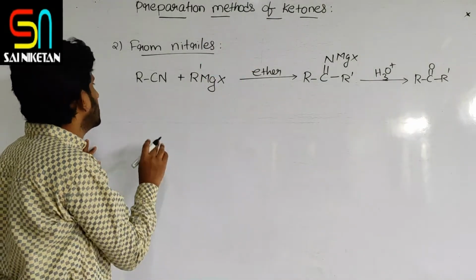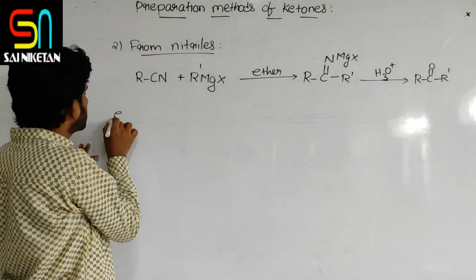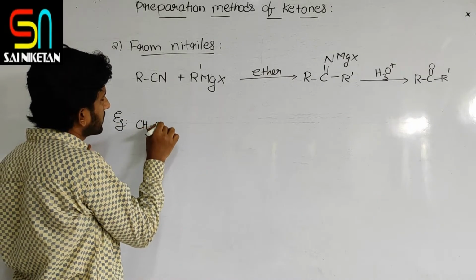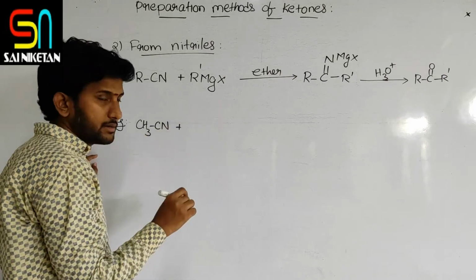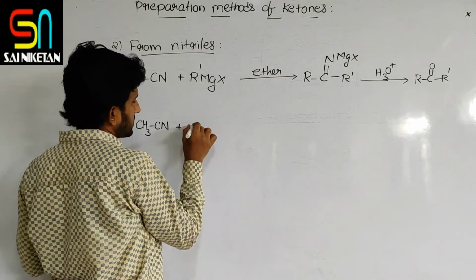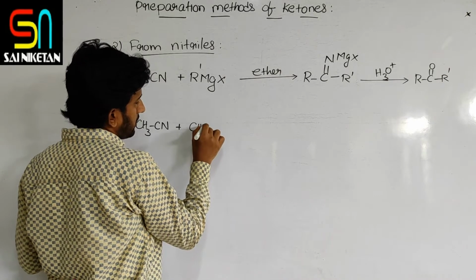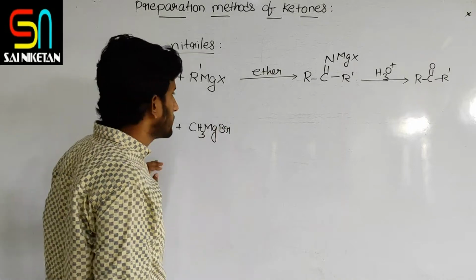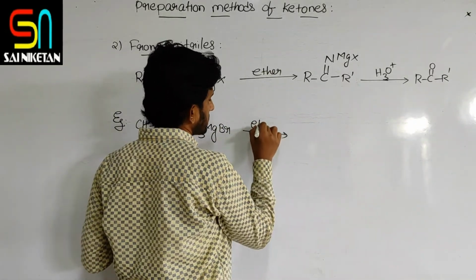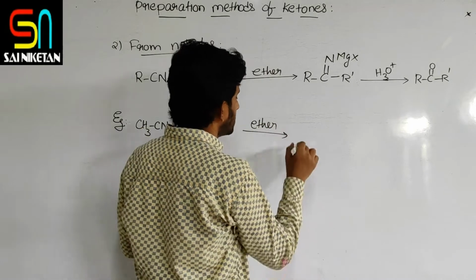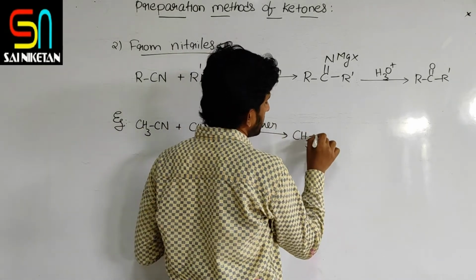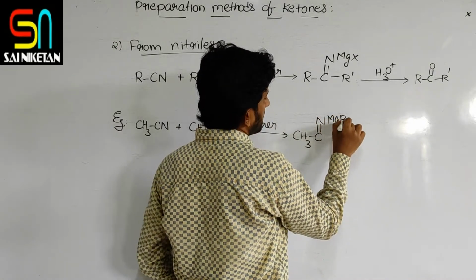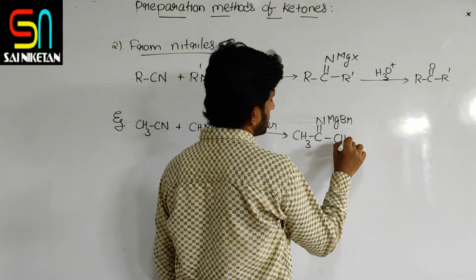Let us take one example. Methyl cyanide plus methyl magnesium bromide in ether, which is the solvent, gives rise to CH3C=N-MgBr with CH3.